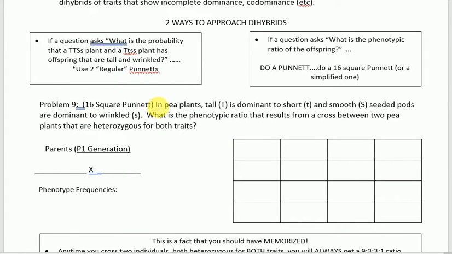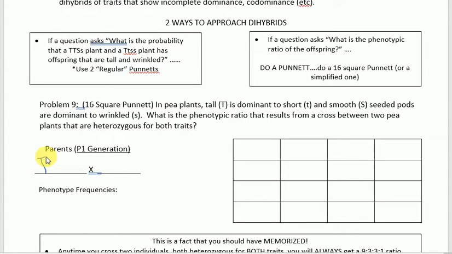So in pea plants, tall is dominant to short, and smooth seeds are dominant to wrinkled. What is the phenotypic ratio that results from a cross between two pea plants that are heterozygous for both traits? In order to figure out what to put on our Punnett square, what do we have here?